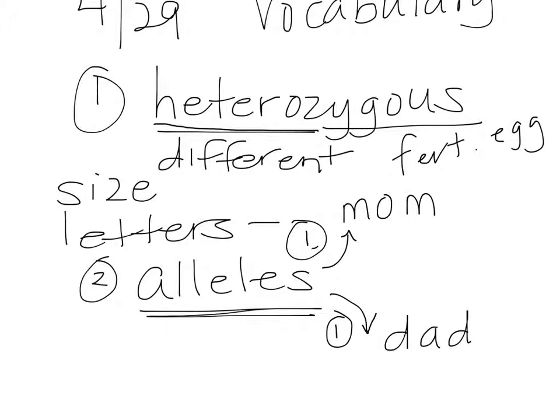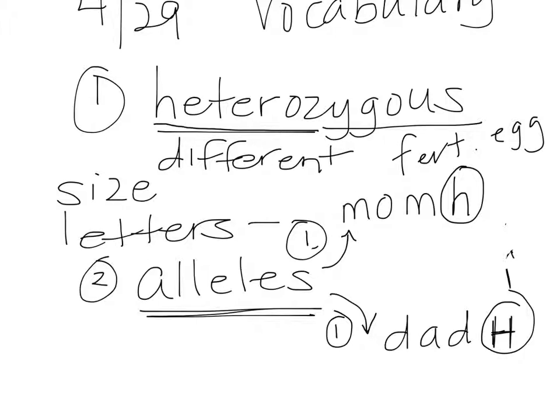So let's say dad gives you a heterozygous, so that means the size of the letters have to be different. So let's say dad gives you an uppercase H, mom will have to give you a lowercase h because they have to be different. Separately, they're called alleles, but when they come together, they are called the genotype.